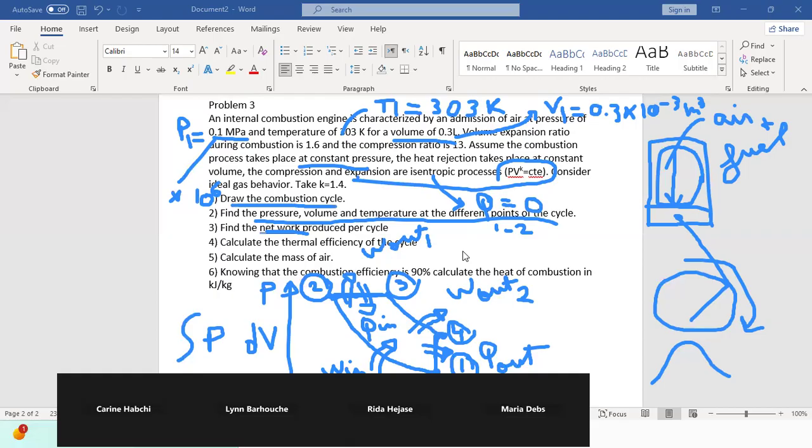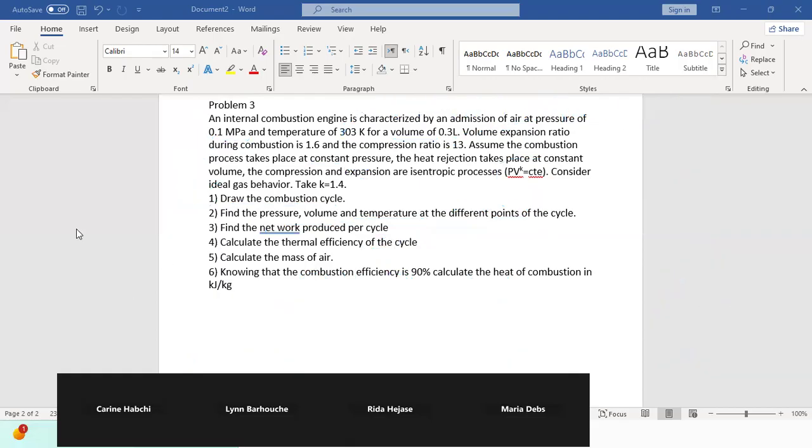I just want to discuss this idea with you. So you know that the thermal efficiency of a cycle can be calculated as W net over the useful heat, so over Q input.